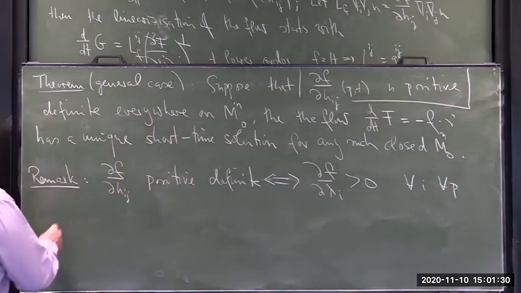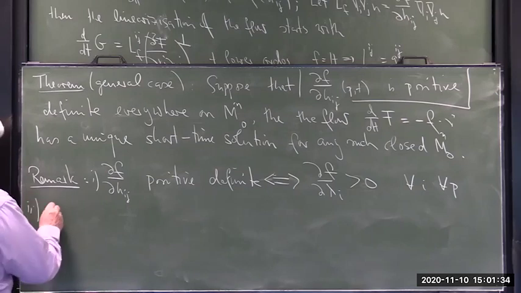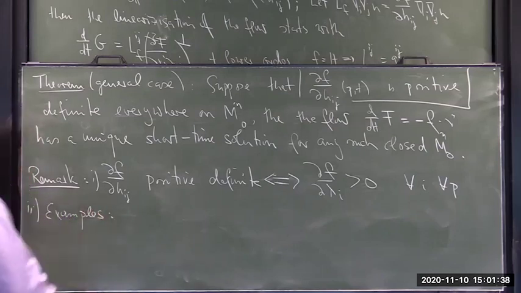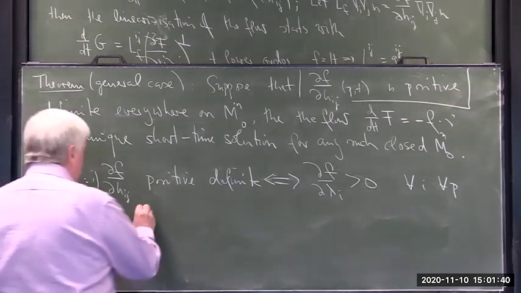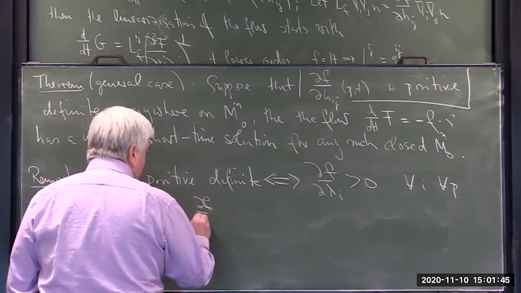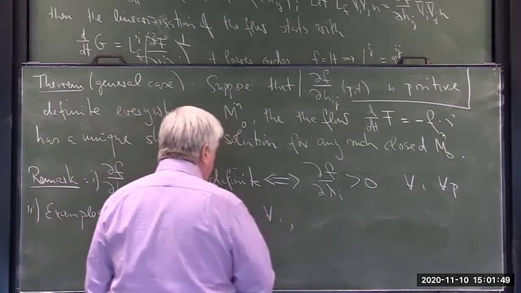So now, for example, examples: if f equals H, then df/d lambda_i is of course equal to 1 for all i.